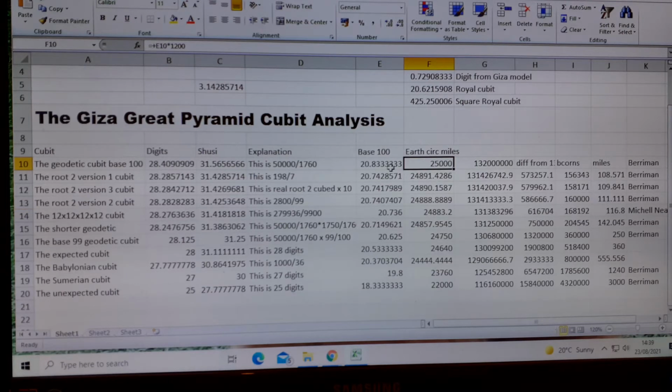And we look at the Earth circumference, it's very simply the cubit times 1200, all the way down. And all these cubits, we know these from Berryman, and we know these down here from Berryman. I've written Berryman. There's a couple there that I'm not sure of, but the killer cubit here for me is this Michell and Neal. Because I put it in as what it is, 20.736, and then I divide it by 0.733 and get this number.